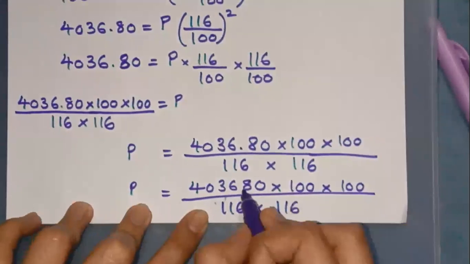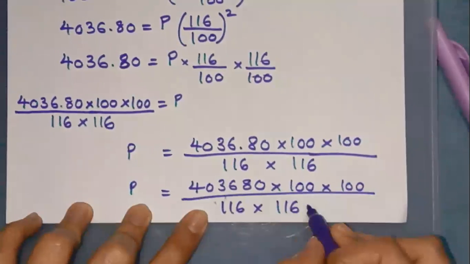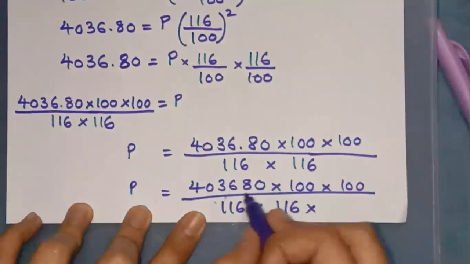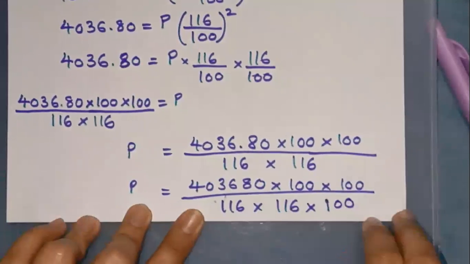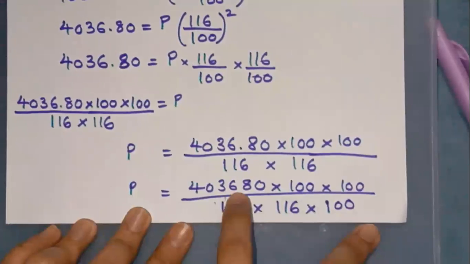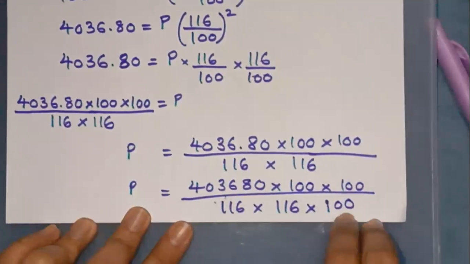As I have removed the point, I am writing 100 over here. I hope you understood. I have removed the point and hence I am writing 100 in the denominator.